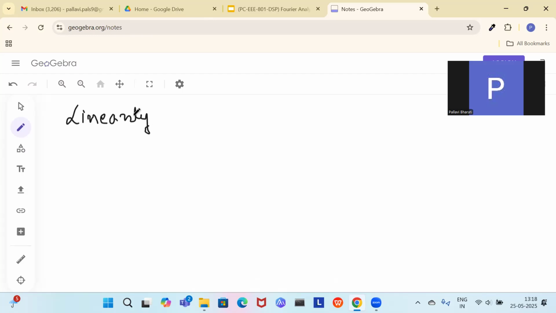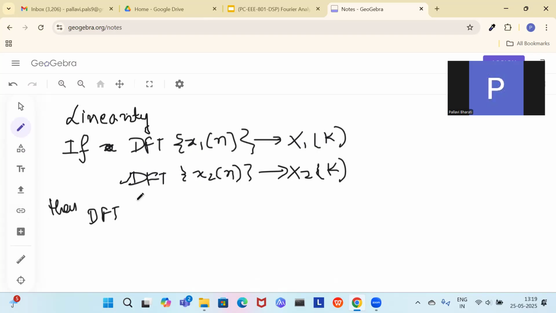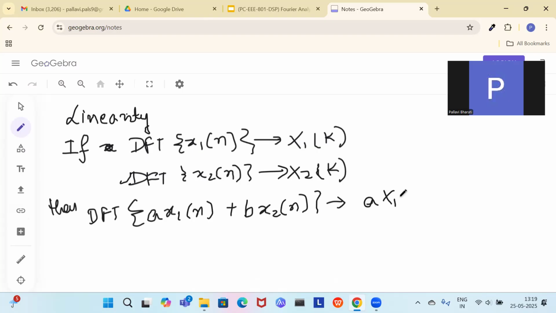So the linearity property, very quickly, the way to write it: if DFT of x1(n) is X1(k) and DFT of x2(n) is X2(k), then the linearity property says that if you combine these two, DFT of a x1(n) plus b x2(n) will be given as a X1(k) plus b X2(k).